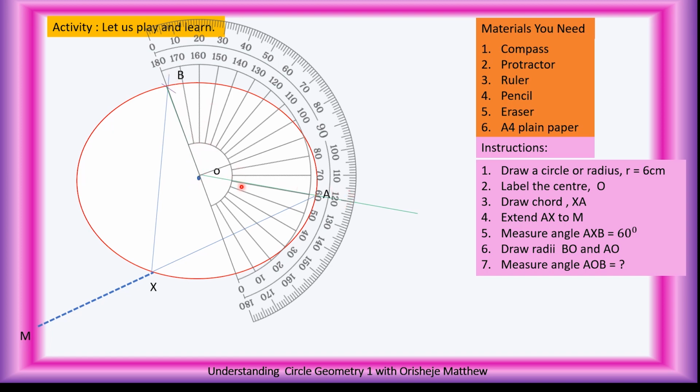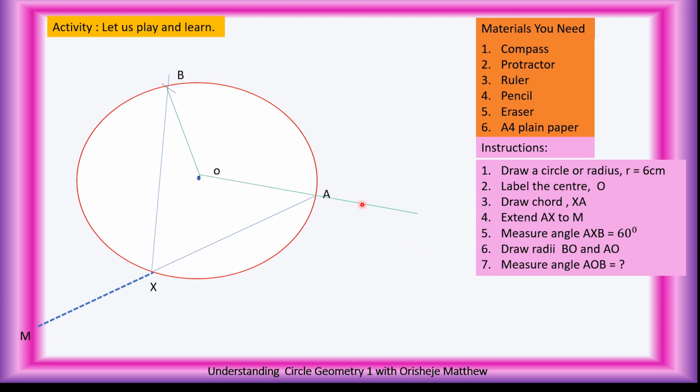So let's look at the smaller portion of the angle. So here is an obtuse angle, while this other part here is the reflex angle. But we are interested in the obtuse angle, the smaller portion here. So from this measurement we have 120 degrees. So we have 60 degrees, and there 120 degrees.